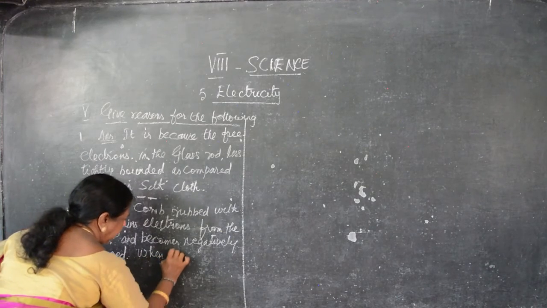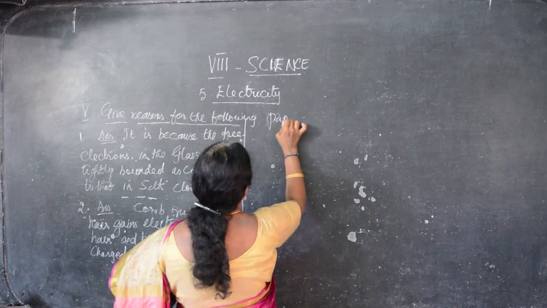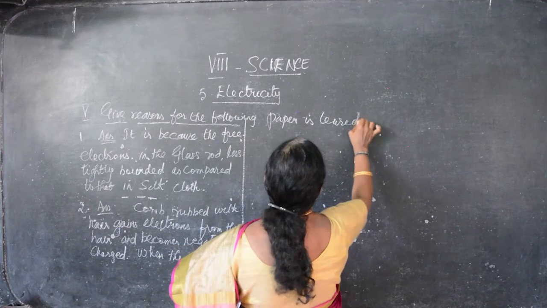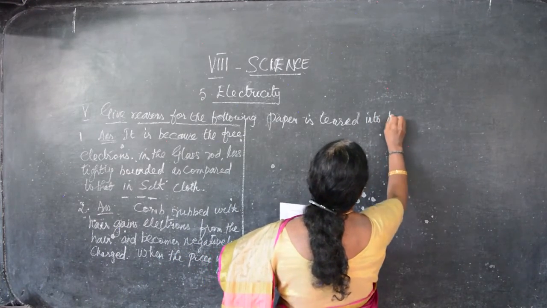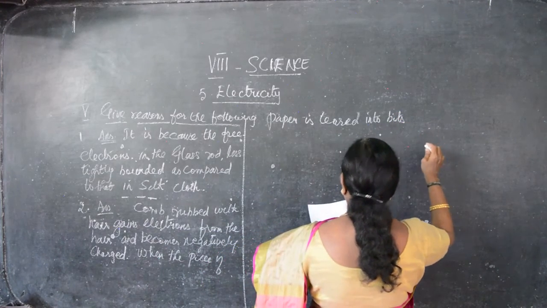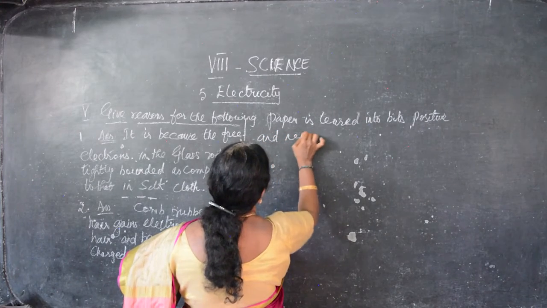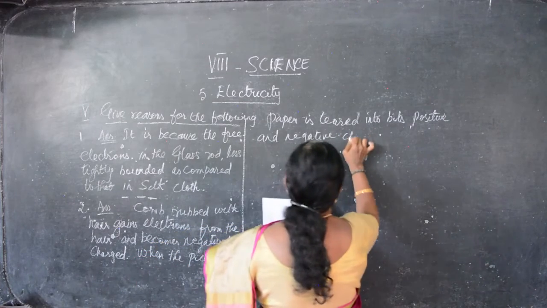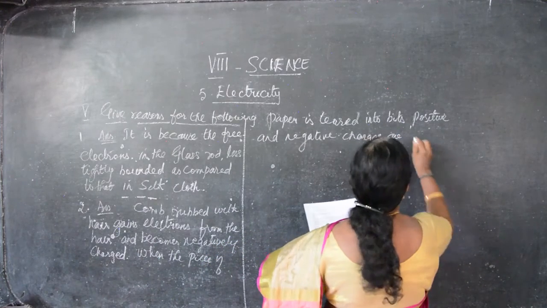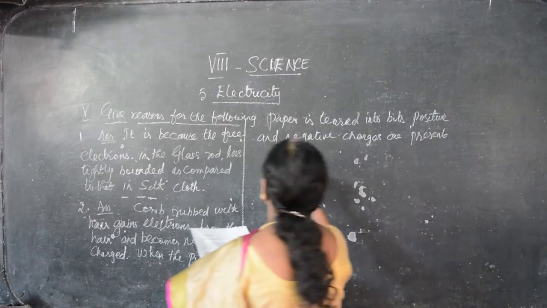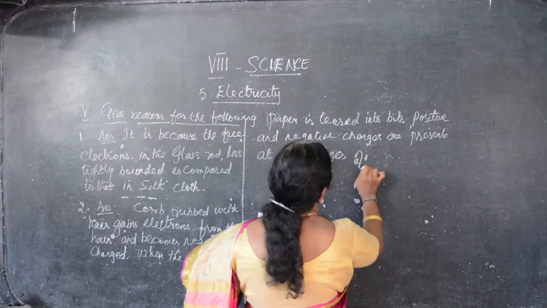When the piece of paper is stirred into bits, positive and negative charges are present at the edges of the bits.